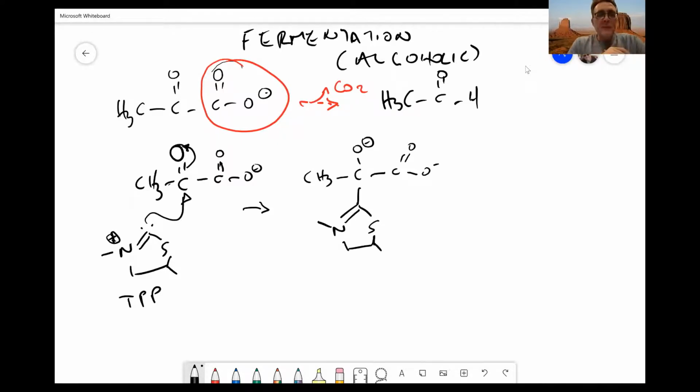Okay, and now here is the point where the TPP is going to play its role as an electron sink, because when that bond is forming, you now have all these arrows that will allow these electrons to bounce onto TPP. And CO2 will leave, no problem.